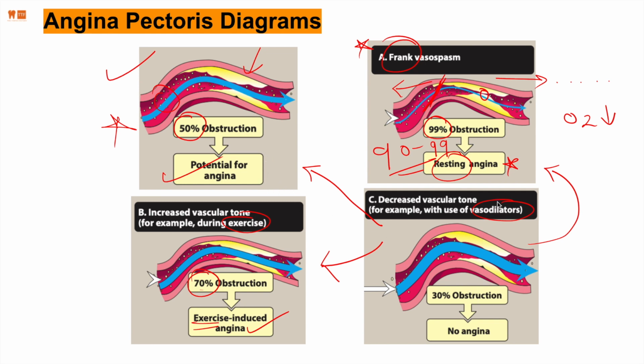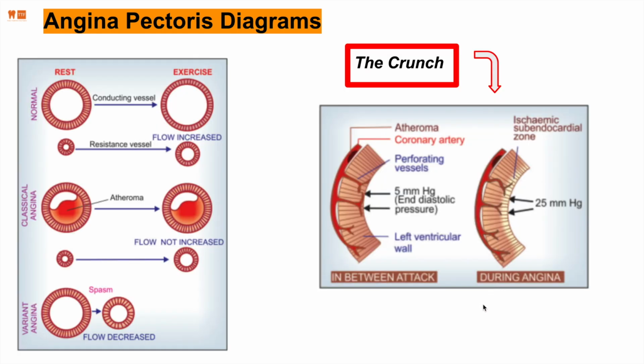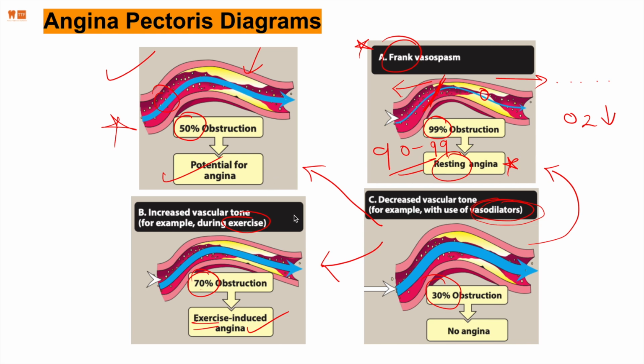We have vasodilators that can be used, and all of a sudden the obstruction can seem like it's only 30%. Now that 30% is not really 30%. All it is, is the vessel dilated, therefore more blood can flow through. Notice the thickness of this blue band that has increased when vasodilators are used.